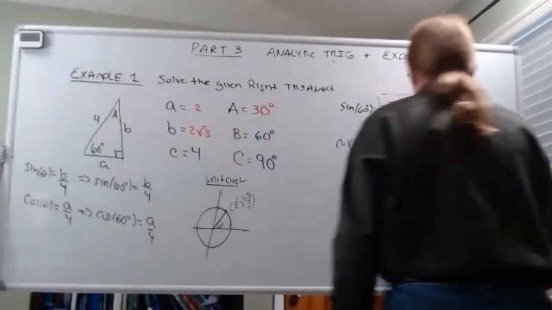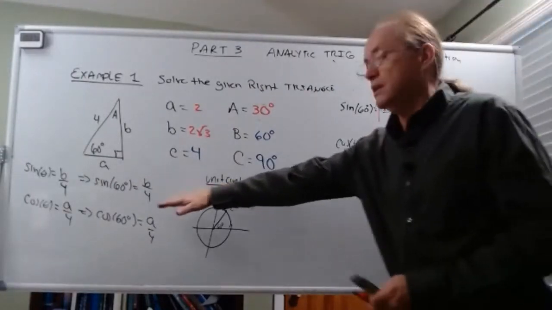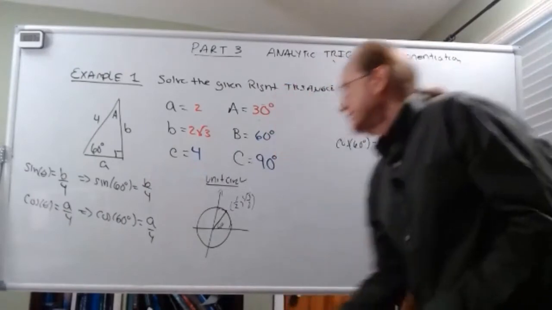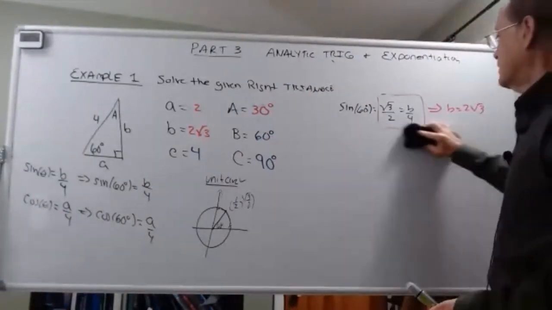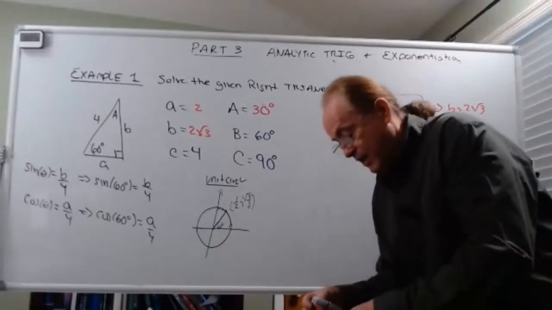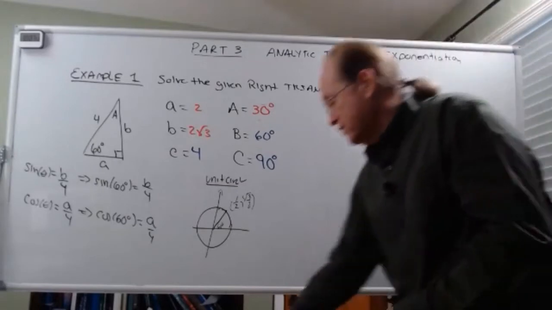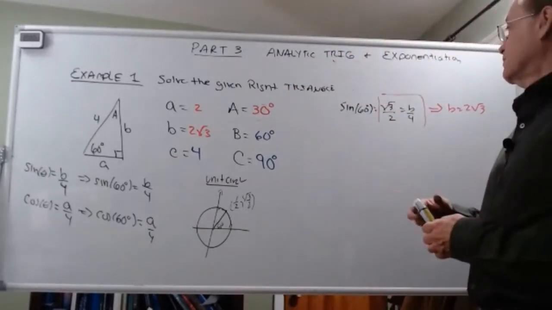Now, let's say I only solve for one of them. Say I only found B equal to that, and I never looked at the cosine. I could also use that information along with the Pythagorean theorem to find the other side. So what do I have?